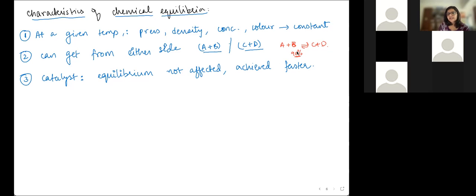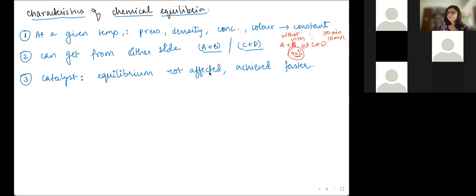Then if I use a catalyst, equilibrium will still take place at 90% of the reactant, just that without catalyst, if I got it after half an hour, with catalyst, I'll get the same equilibrium in, say, 10 minutes. So the equilibrium is not affected.